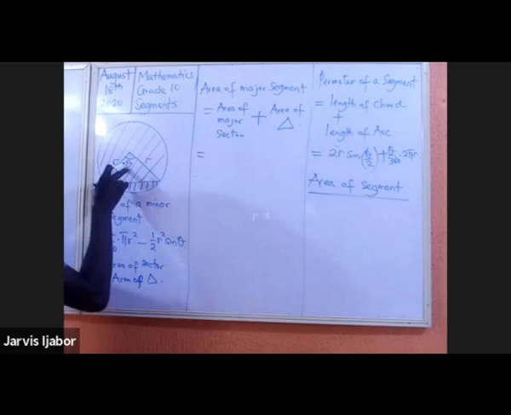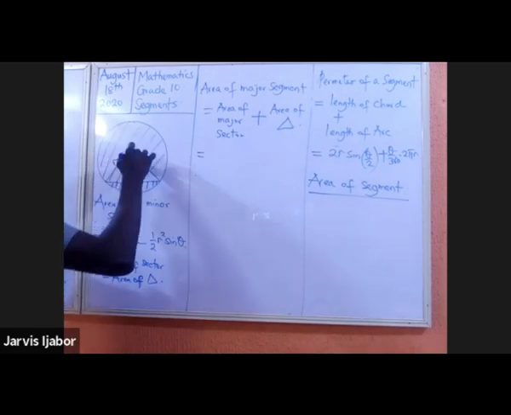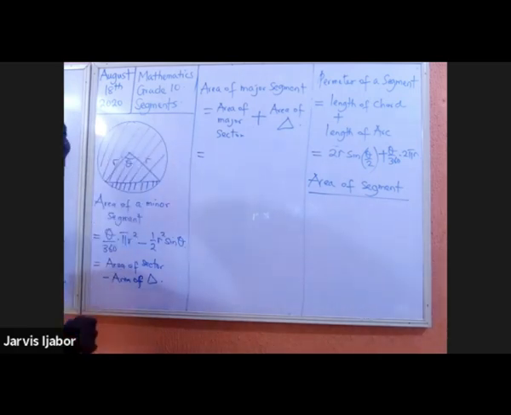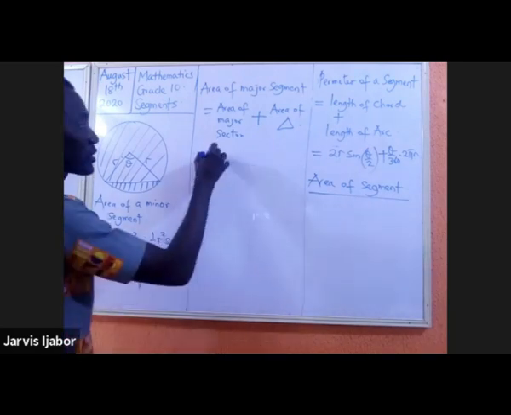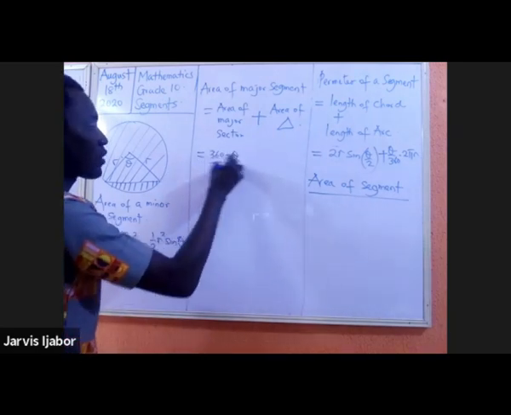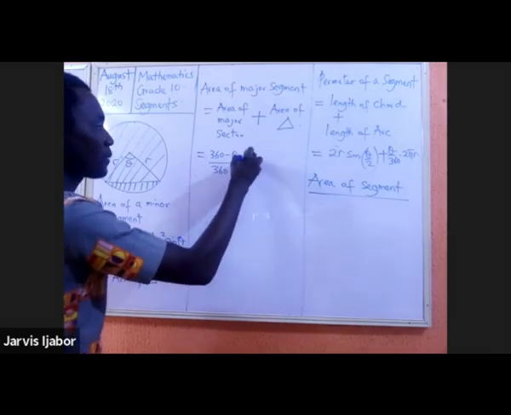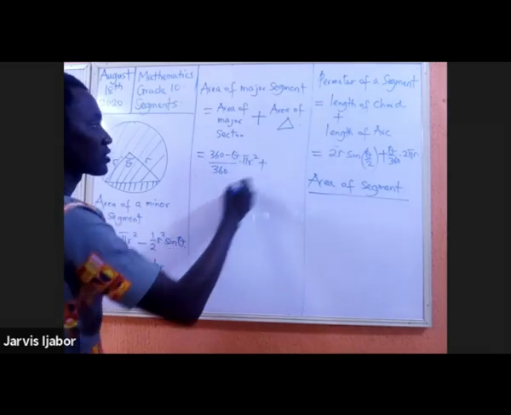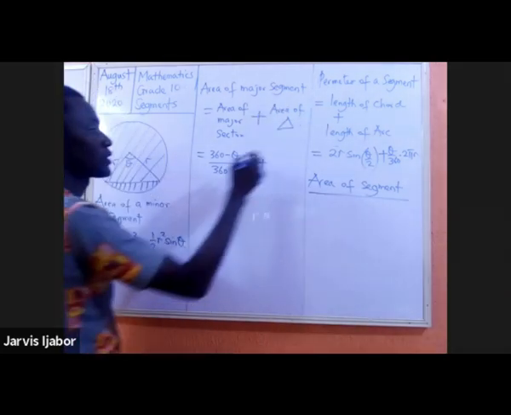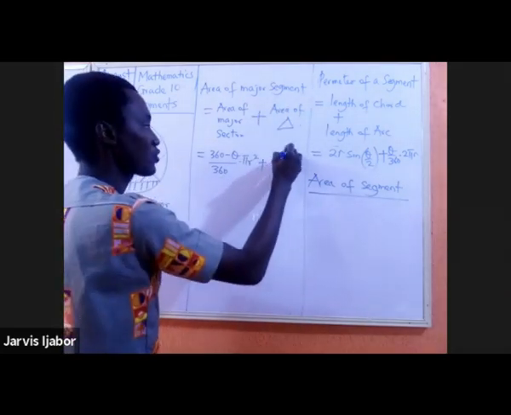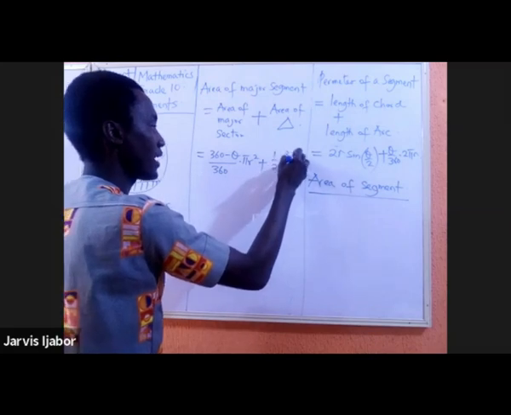Now, what's the area of the major sector? If this is theta, the angle of the major sector will be 360 minus theta. So this will be 360 minus theta over 360 times pi r squared, plus the area of the triangle, which will still be using this theta. That will be half r squared sine theta.